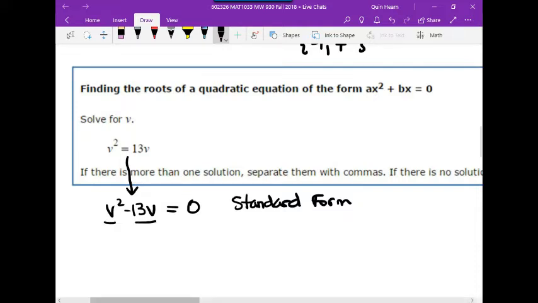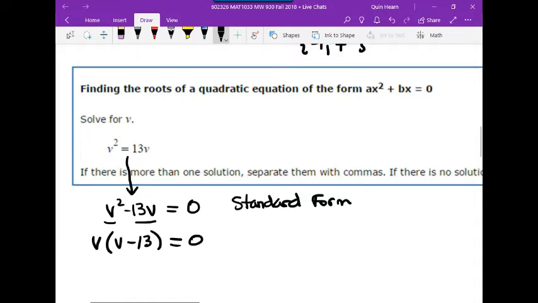Remember, terms are things separated by a plus or a minus. What factor do those two terms have in common? Very good, Christina, a v. So if I factor a v out, we get v times v minus 13 equals 0.